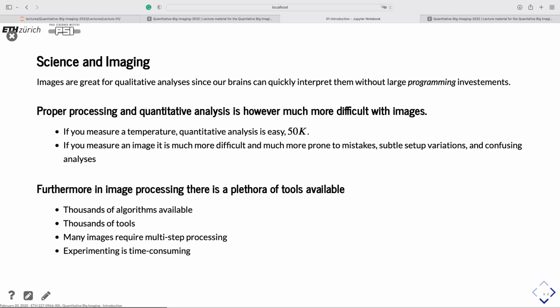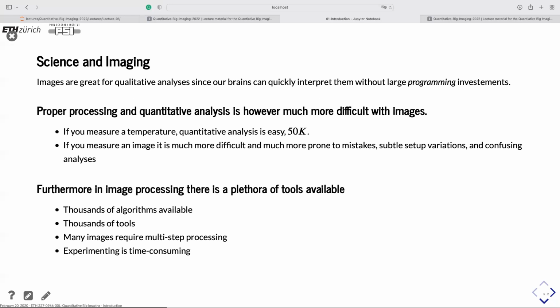And there's a lot of fuzziness. For one thing, because of noise, because of image sharpness possibly, and variations in the measurements, and that can lead to quite confusing analyses. And in some cases, by choosing the wrong tool, you can actually also produce completely misleading results.